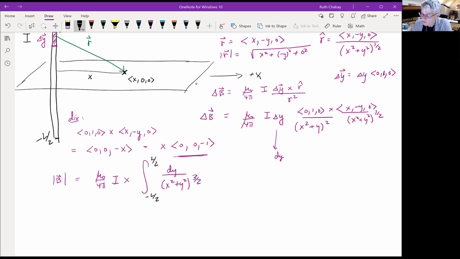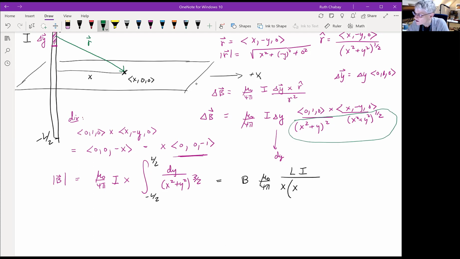And when we get all done with that, at the end of the day, we get the magnitude of the magnetic field. Notice this is not a vector. It is mu 0 over 4 pi L times I over x times... no, it's not. The reason it's not x squared plus y squared to the 1/2 is that we had to take into account r hat as well.